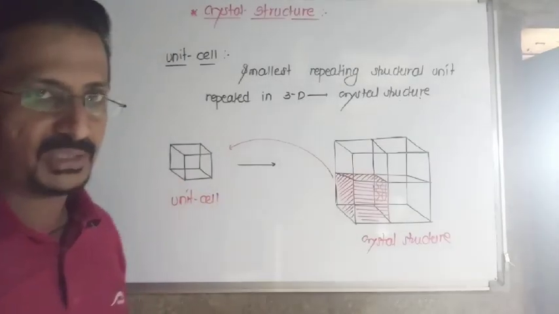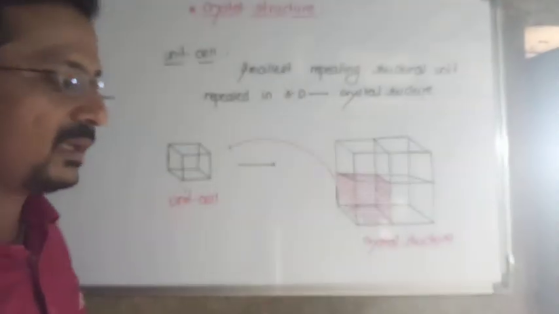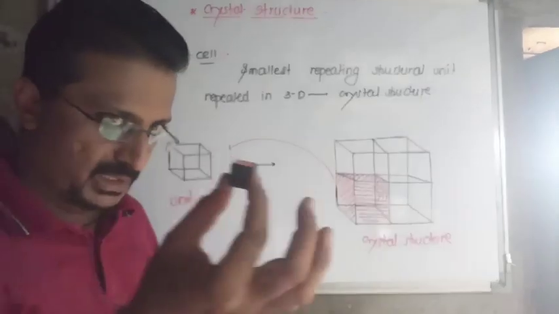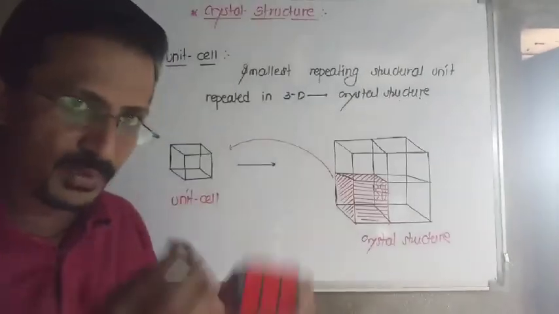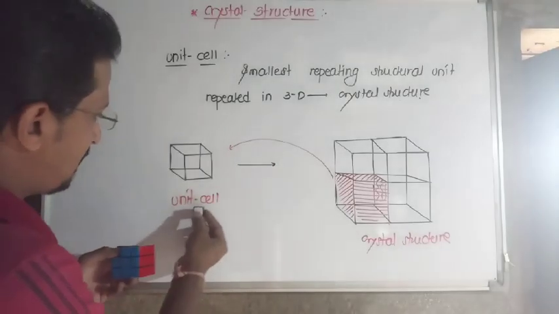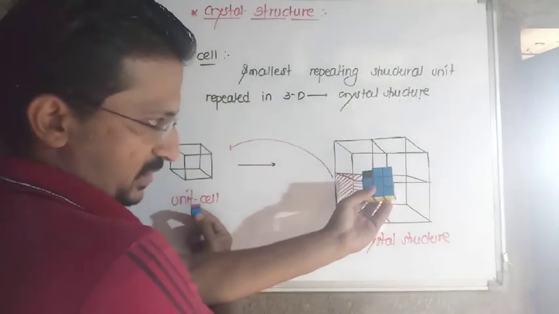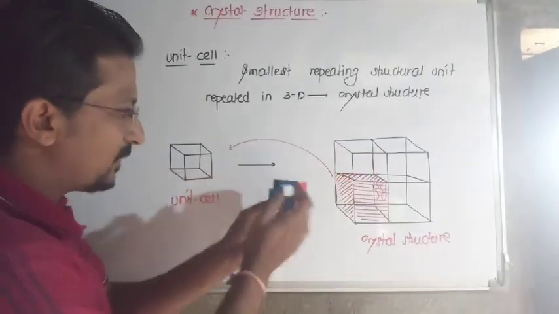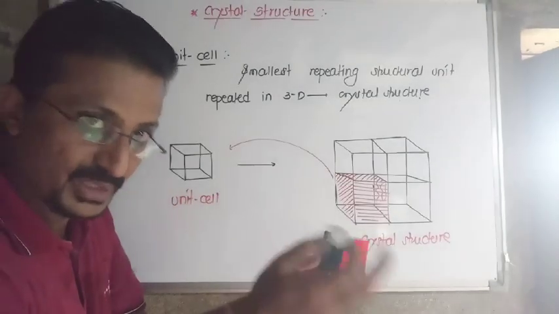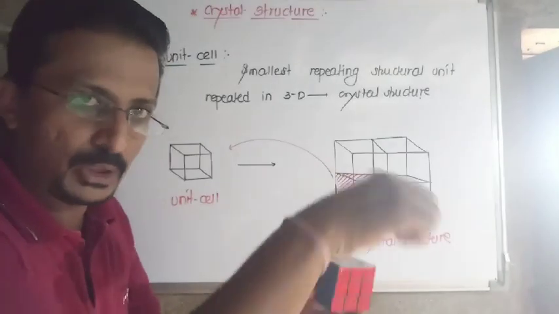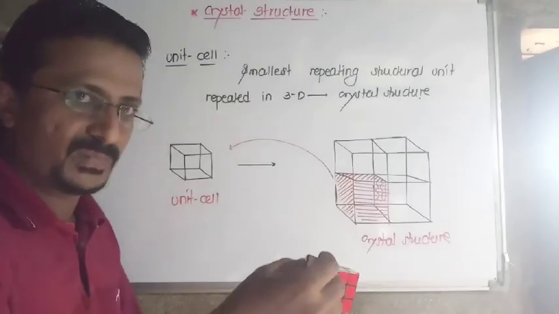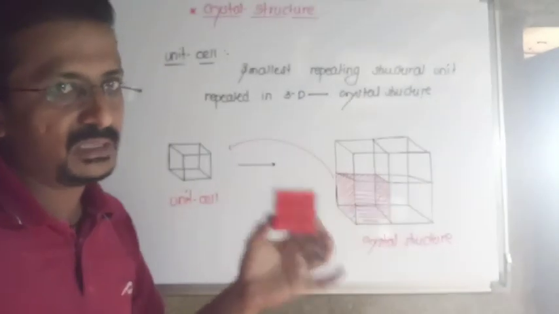If I remove one unit cell from this cube, then this is the unit cell and this is the crystal structure. If we separate all such unit cell blocks from this Rubik's cube and arrange them again, it results in the formation of the whole crystal.